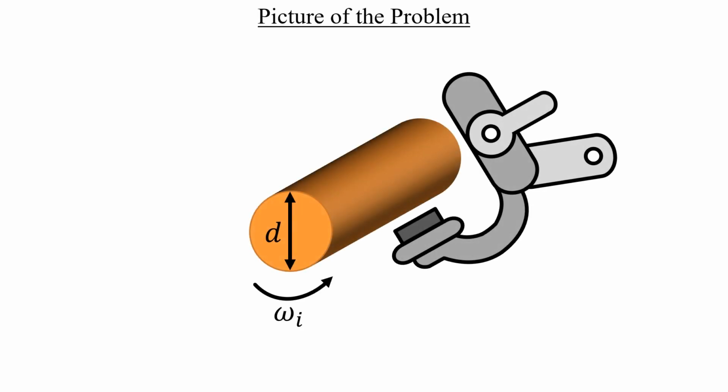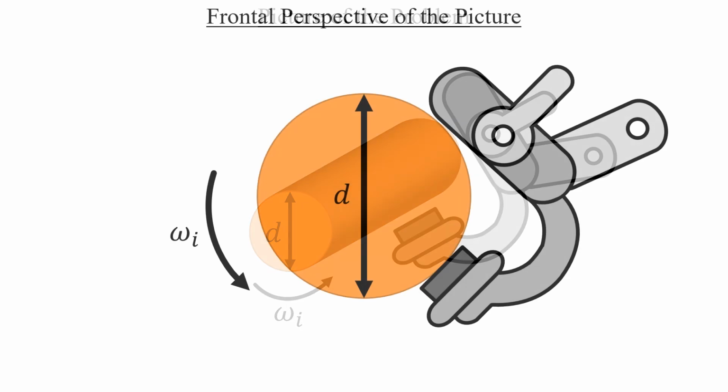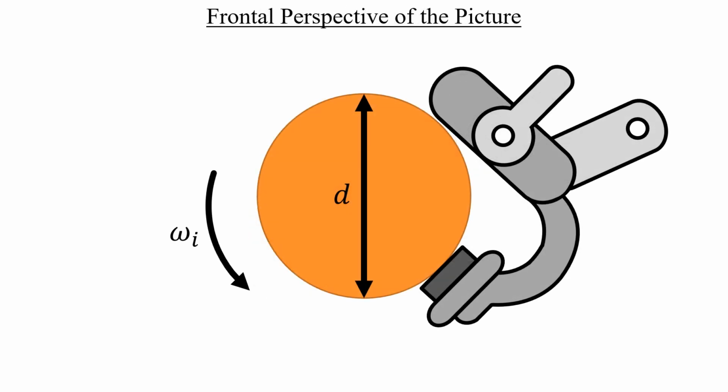Instead of viewing the cylinder from the side like this, I think it would be better if we switched to a frontal, face-on perspective. We know that when the brake is engaged, there is a normal force acting perpendicular to the surface and a frictional force acting tangentially to the surface.